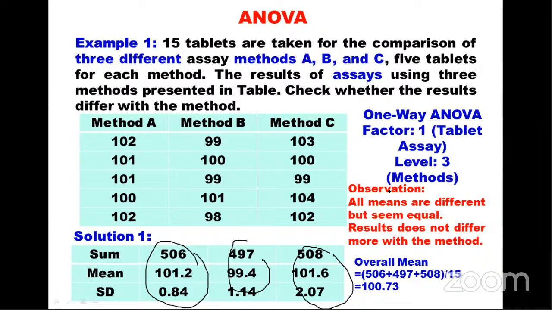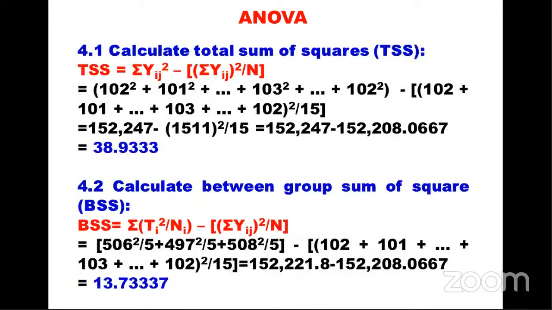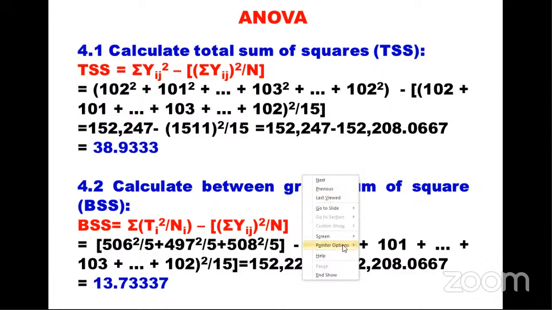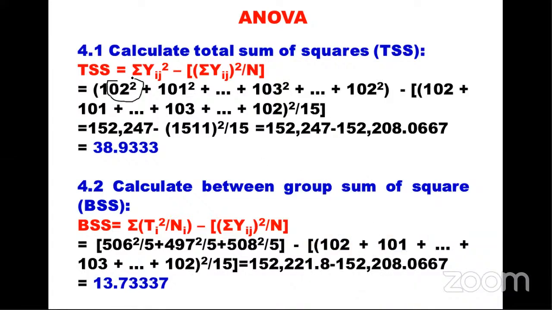So we have the methods, data, mean and standard deviation. Then hypothesize it and calculate TSS. TSS is the sum of the squares of all minus CT. So you have the first observation's square, the second observation's square, up to the 15th observation: 5 of the first group, 5 of the B method, and 5 of the C method.